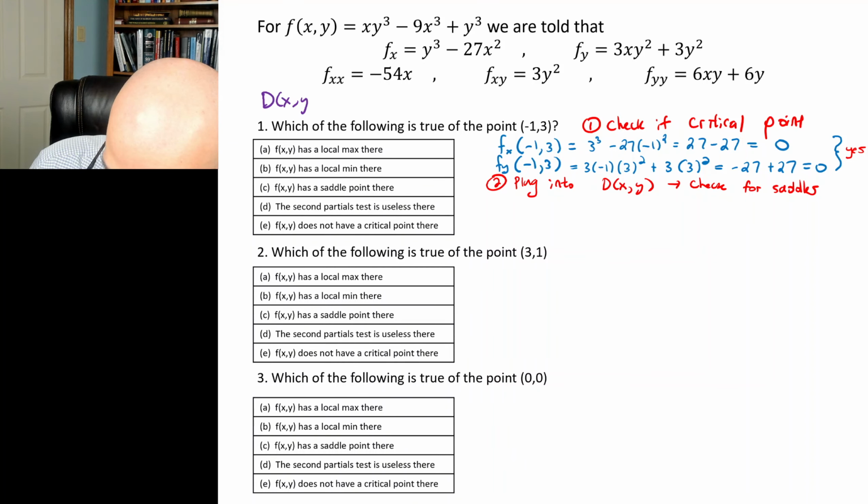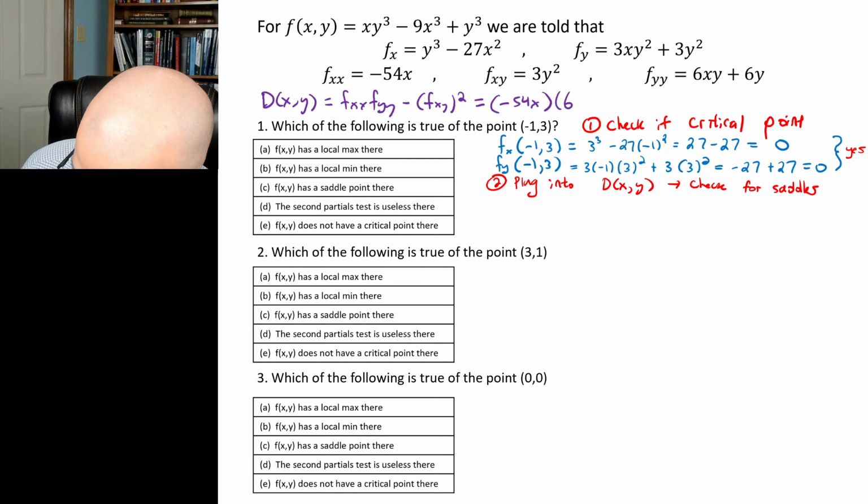D of x comma y is f double x, f double y minus the mixed partial squared. So f double x is -54x. F double y is 6xy plus 6y. And then minus fxy all squared, 3y squared all squared.